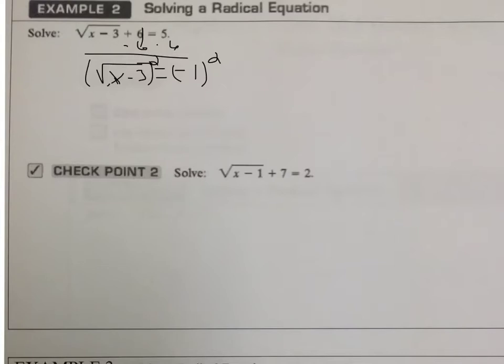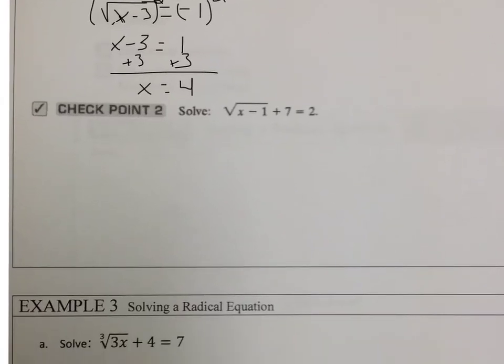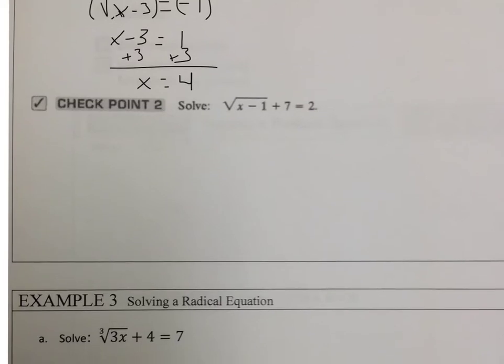So we've got x minus 3 equals negative 1 squared, which is positive 1. Then we add 3, Algebra 1 stuff, and we get 4. Try your checkpoint. When you come back, I'll give you the answer. All right, checkpoint 2. The answer is x equals 26.